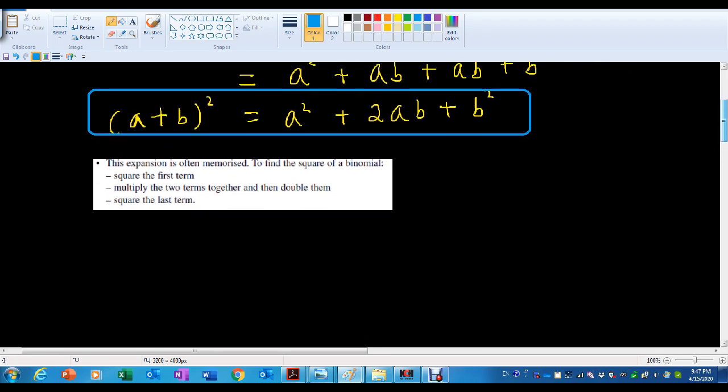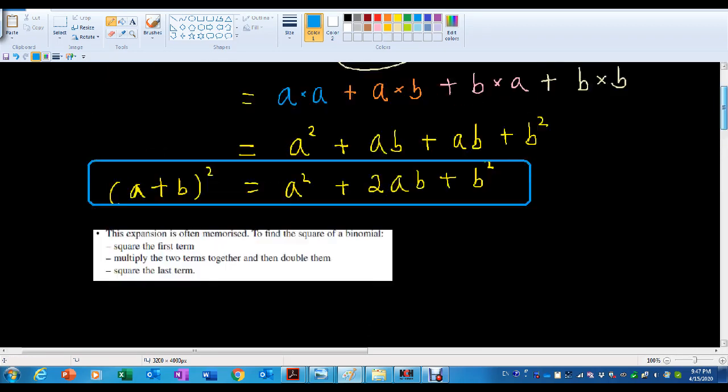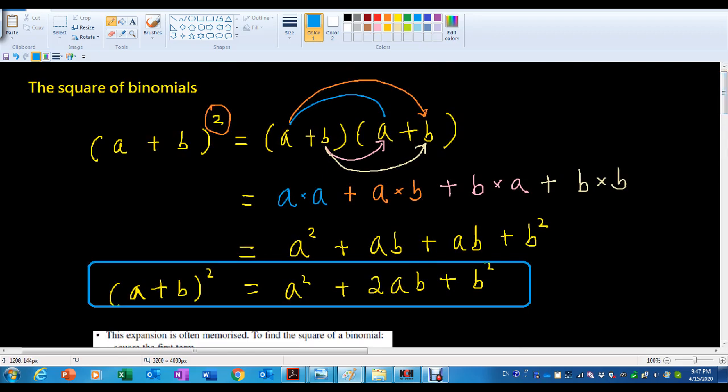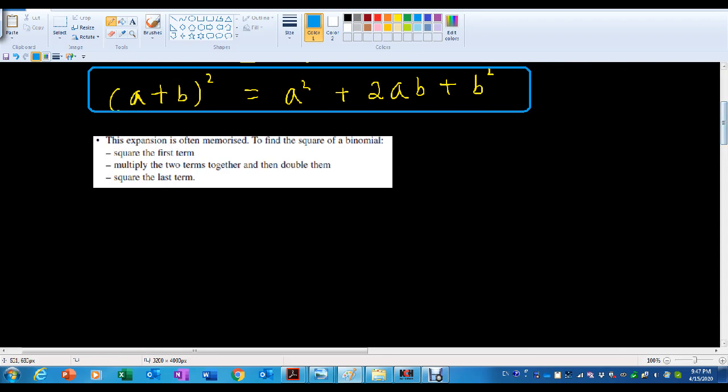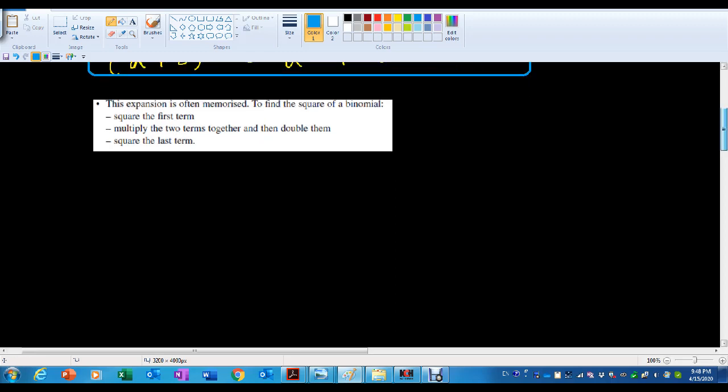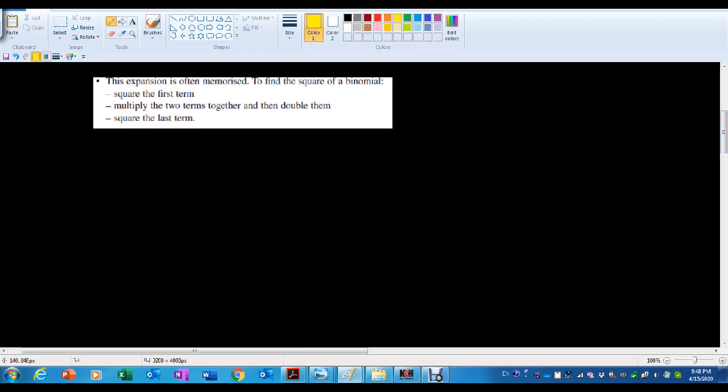Let's try one more time, not using FOIL, but using what we call a shortcut, a way to remember the square of a binomial. Let me give you an example.